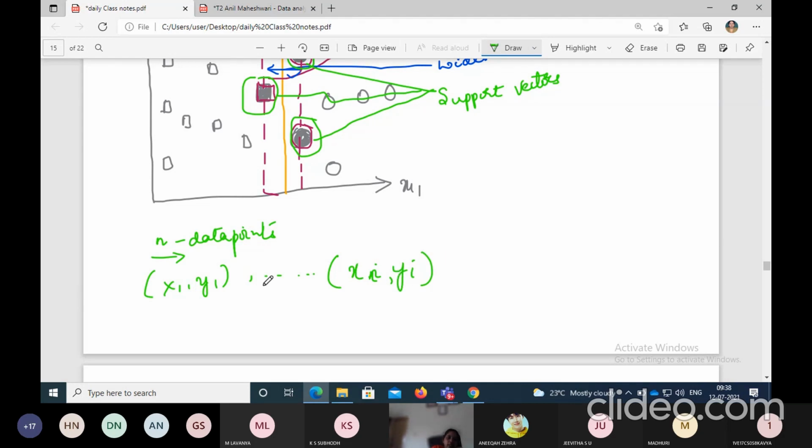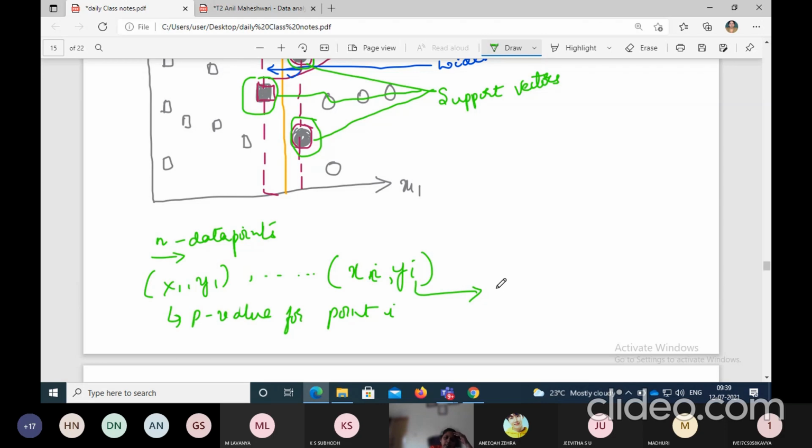Okay, so the xi's represent the p-value vector for the point i, and yi represents the binary class value.